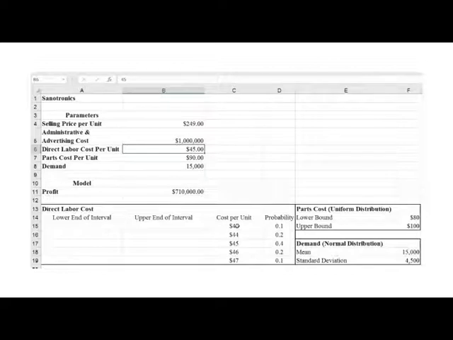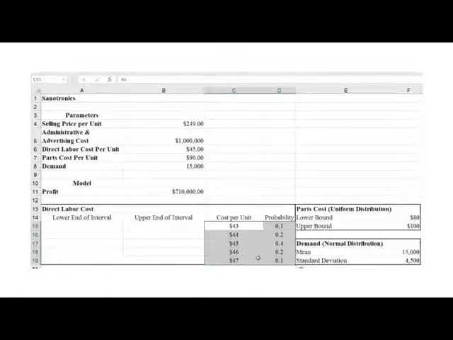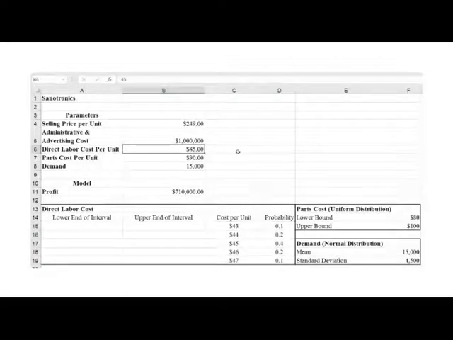Rather, we believe this parameter will range between $43 and $47 with the corresponding probabilities. So instead of entering $45 for direct labor cost, we would like the spreadsheet to generate a value of 43, 44, 45, 46, or 47 with the corresponding probabilities.